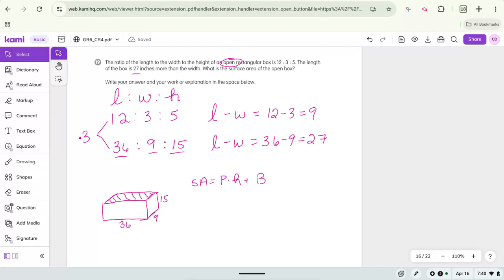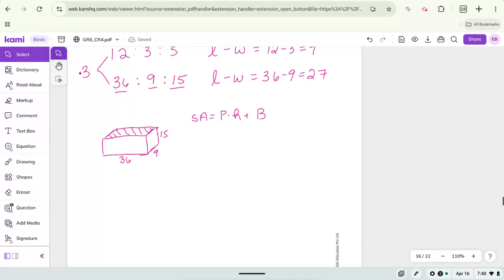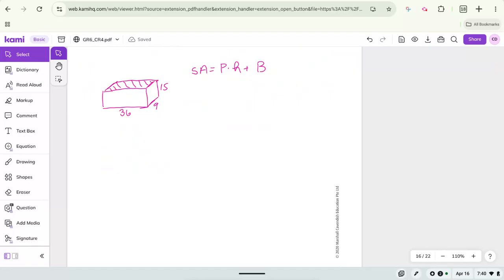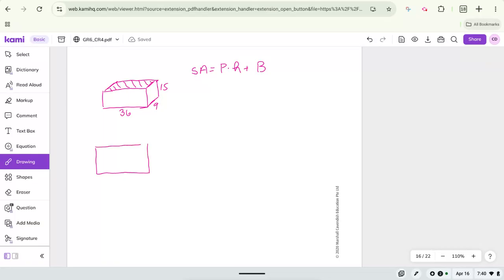All right, so I've got my strategy lined up here. I'm going to focus for a moment on the base, the rectangular base. The bottom of this box is 36 by 9. Of course, the height of the box is 15.